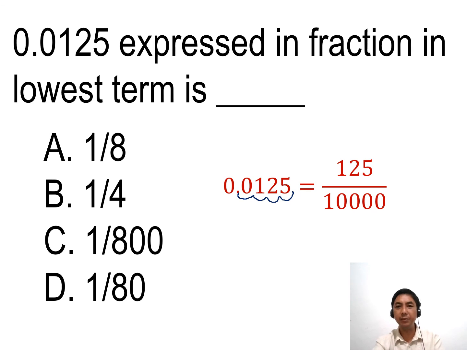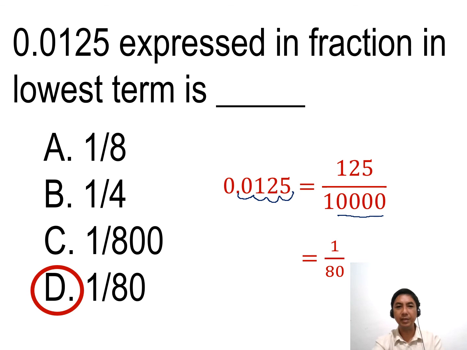So we have 4 zeros. So yan po yung 4 zeros. Tapos, alisin mo na itong dalawang zeros because not significant na yan. So we have only 125. So 125 over 1,000. And if you get the lowest term, that would give you 1 over 80.